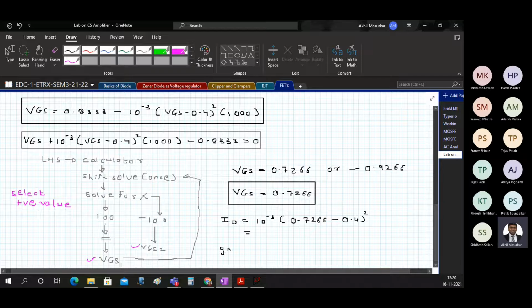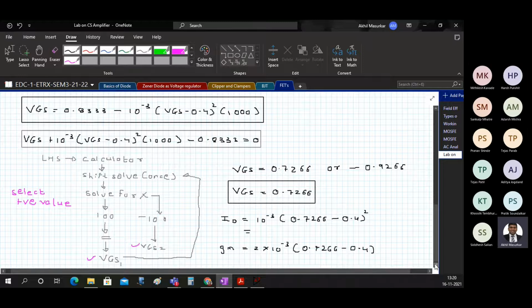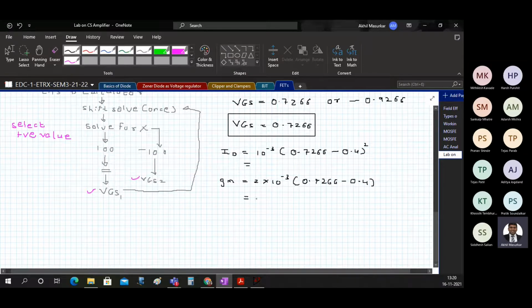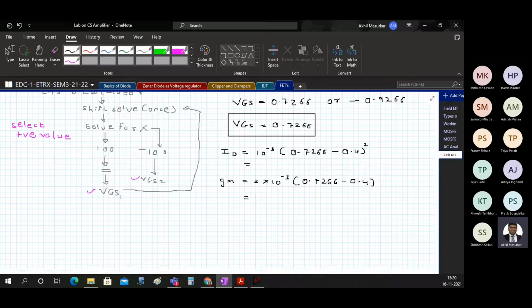And similarly, GM would be 2 into 10 raised to minus 3 into (VGS minus VTN), that is 0.7266 minus 0.4. There is no square sign. So what is the value of ID and GM? Quickly tell me that.